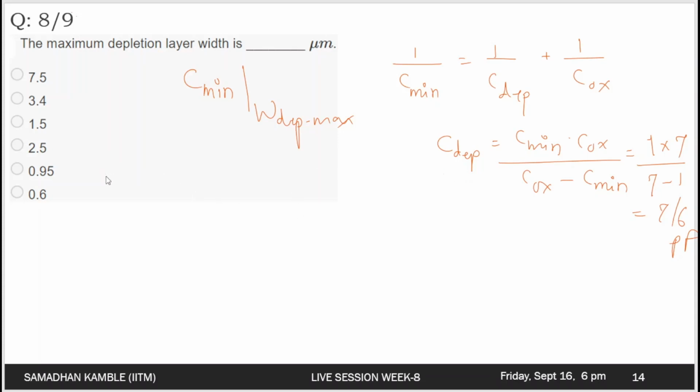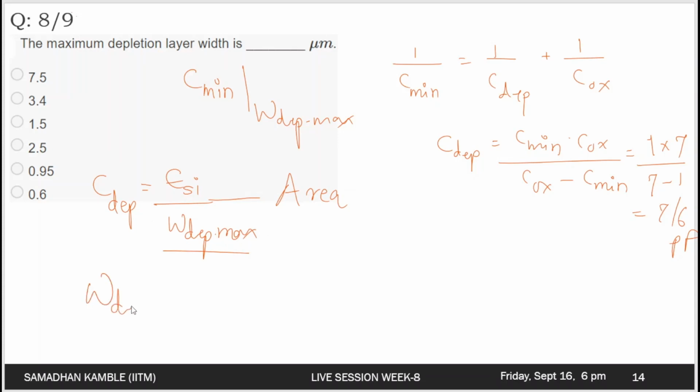So if we just define C dep here, it's as a function of the thickness: epsilon silicon times area divided by the maximum depletion width, where epsilon silicon is the substrate dielectric constant. So we know the C depletion, we know epsilon silicon, also the area. So we can find out C depletion, which is maximum.